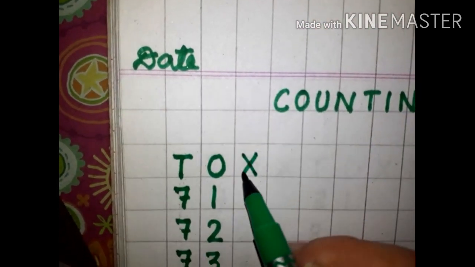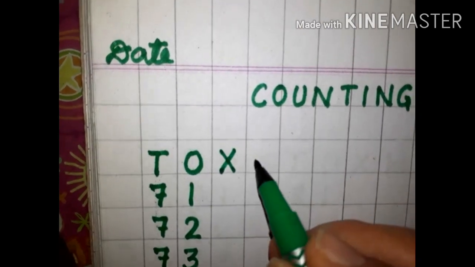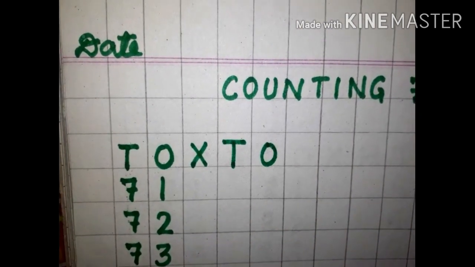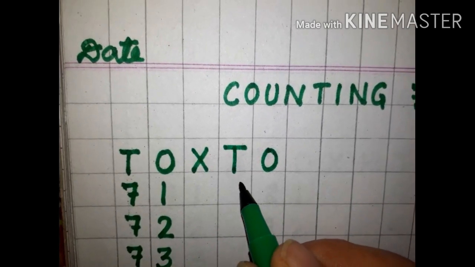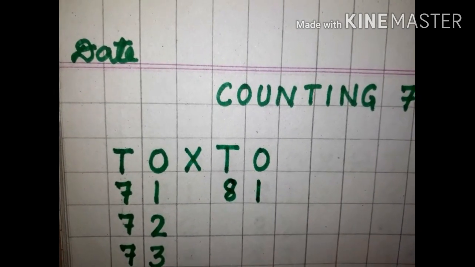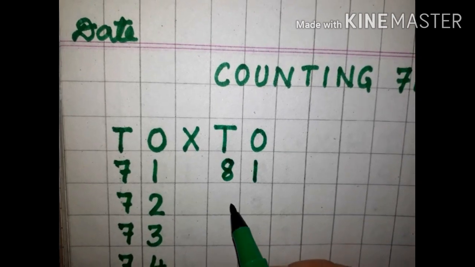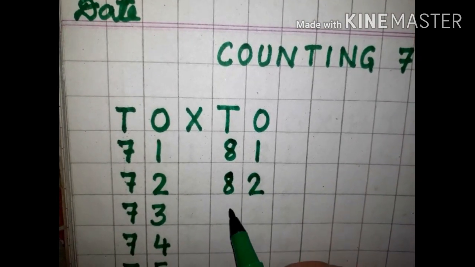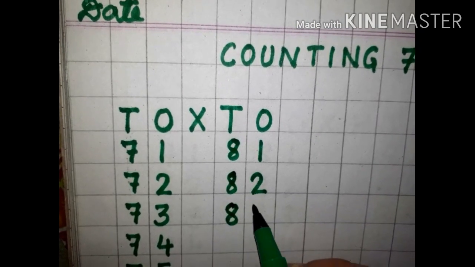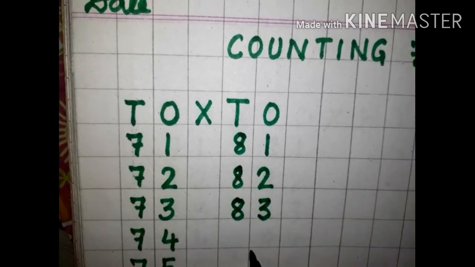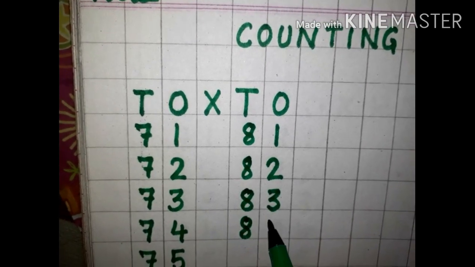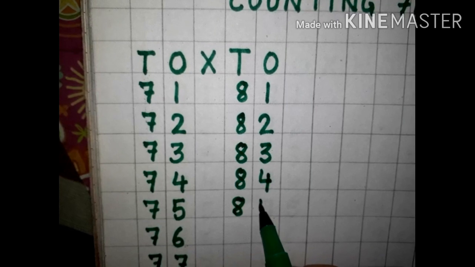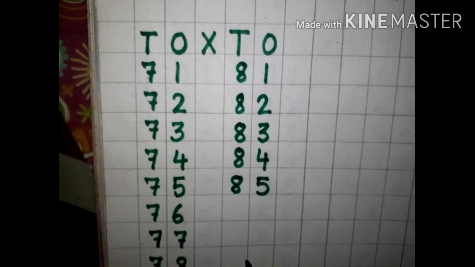Now put a cross. We will skip this line. Again write TO, and after 80, which number will come here? 8, 1, 81. Yes. 8, 2, 82. 8, 3, 83. 8, 4, 84. 8, 5, 85.